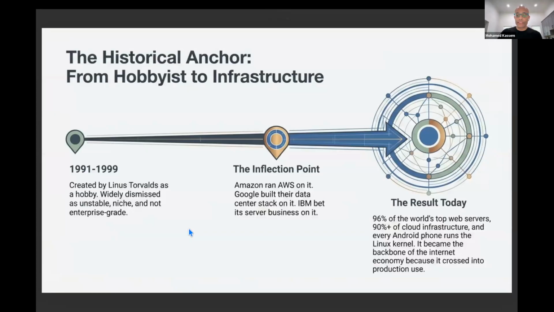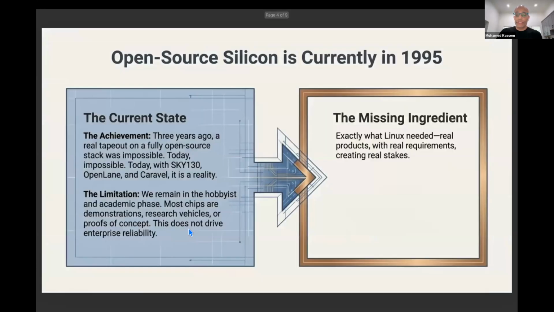If we look back at this slide and think of Linux as an example, we wanted it to be used in commercial servers. So we need to actually get the open source chips to be used in commercial hardware applications.